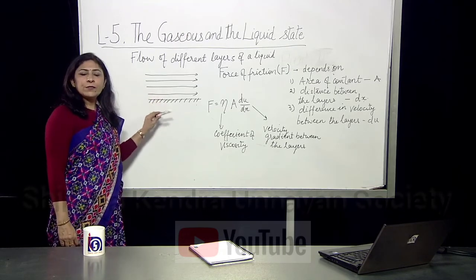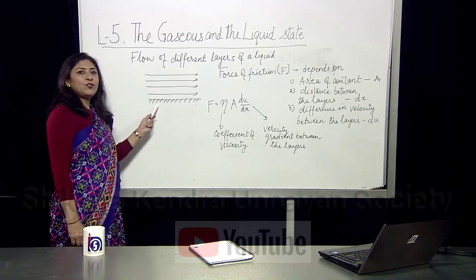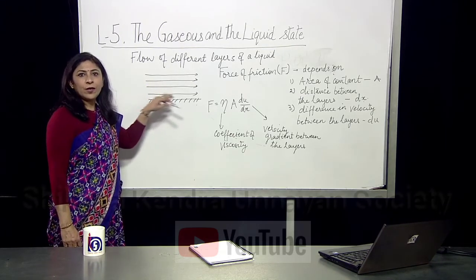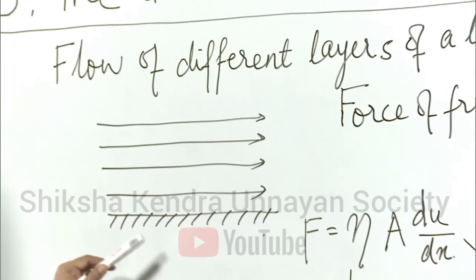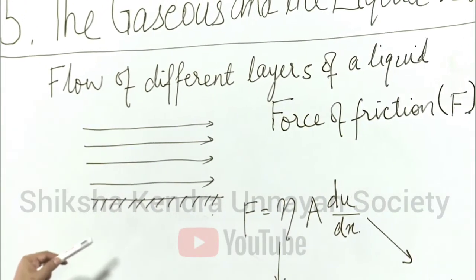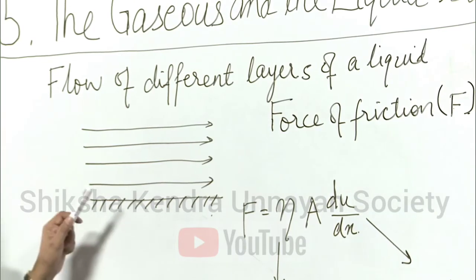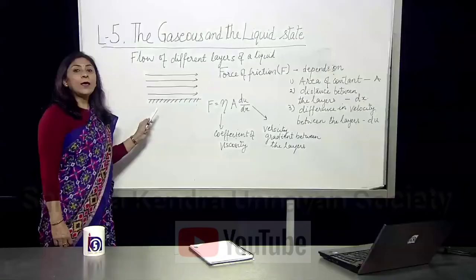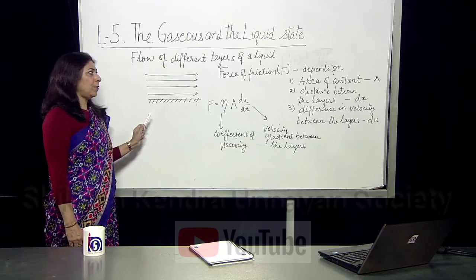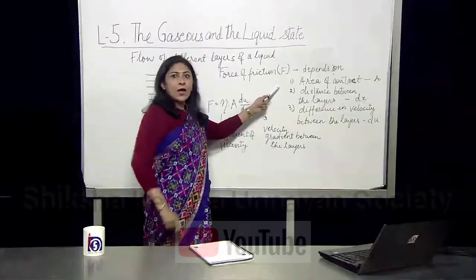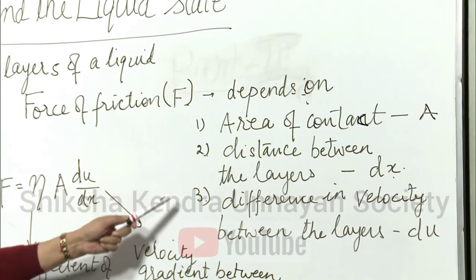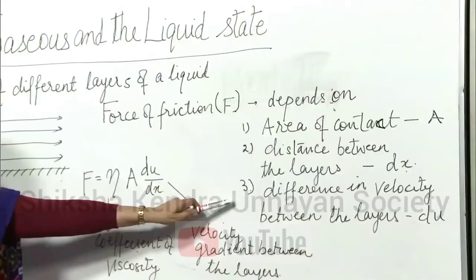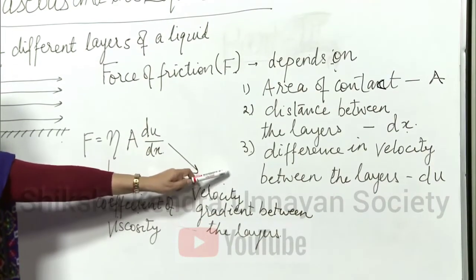So I drew over here, you can see, suppose this is the surface on which the liquid, that is the honey, is kept, and it is the laminar flow. This is what I explained to you earlier. Due to the intermolecular forces, the cohesive force, each layer experiences a force of friction from its adjacent layers. This force of friction, F, between two layers depends on the area of contact between them, A, the distance between the layers, that is dx, and the difference in velocity between the layers, this is du.